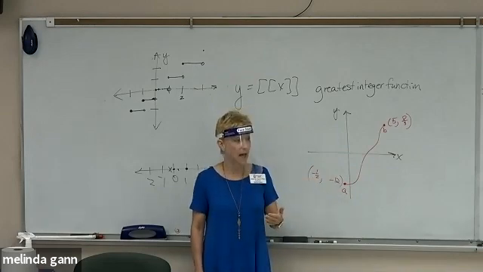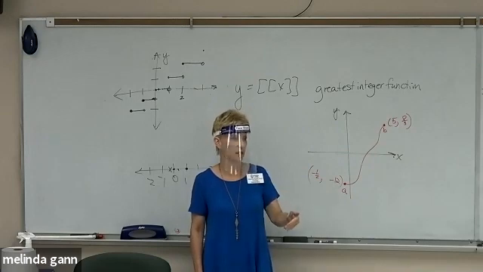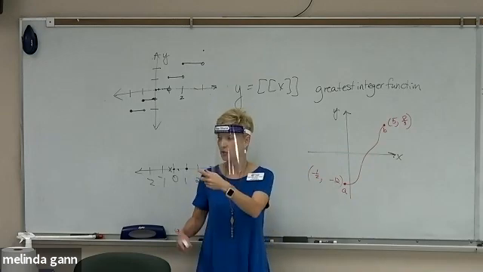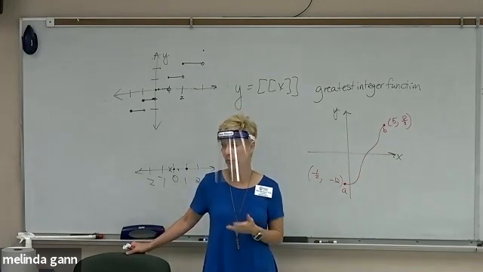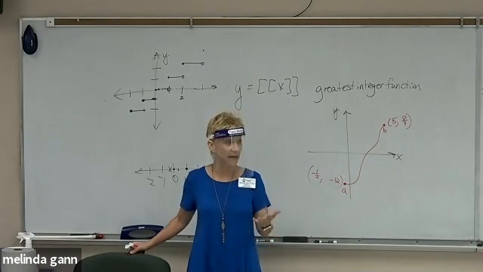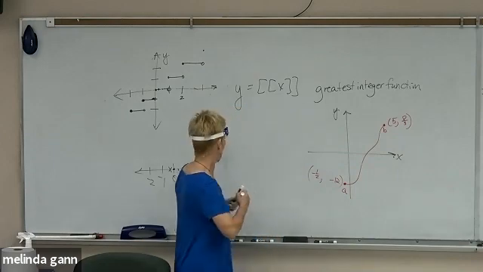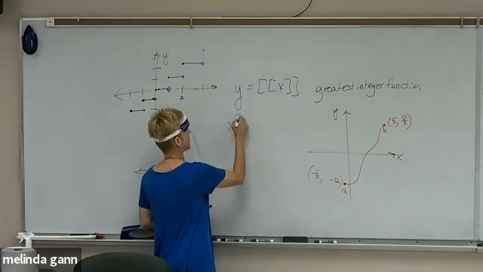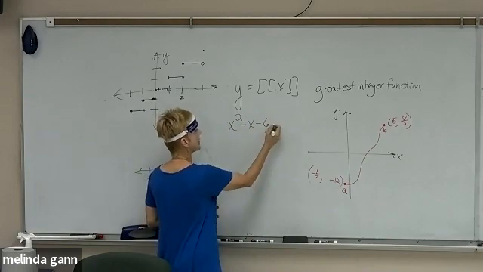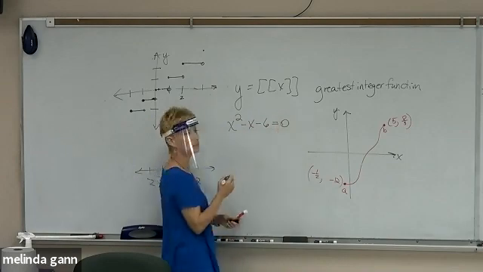Because a lot of times you have to find roots of things. You have to find zeros. Well, you've got a trace key on the grapher that'll get you an approximation. Now, sometimes zeros are easy to see. Like if I said something like x² minus x minus 6, when does that thing equal 0?